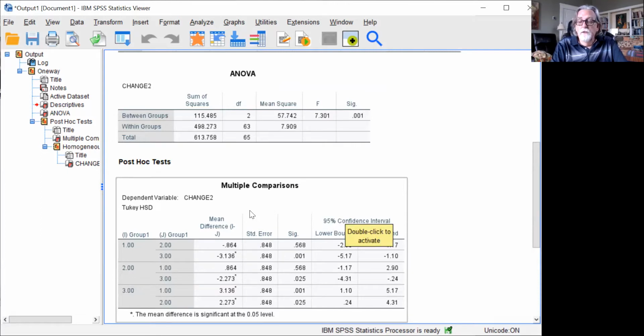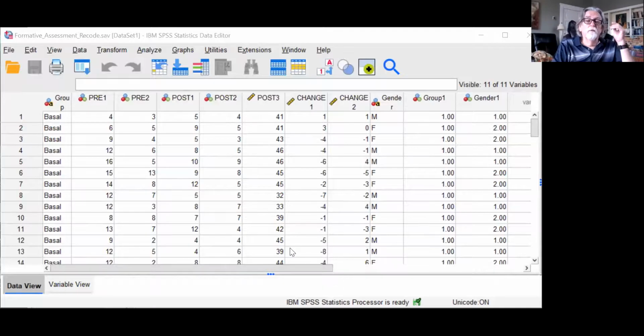Now, the second instance in which we have more than 2 groups: I'll stop the share on that, go back to the data set and share it out again. Remember, the other opportunity would be if you have more than one independent variable.